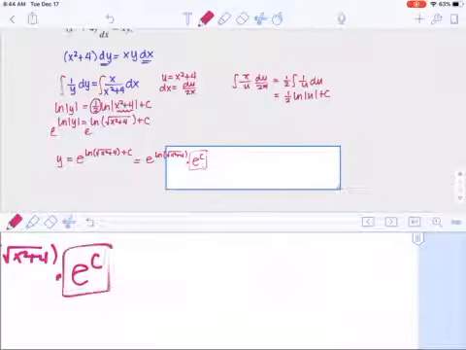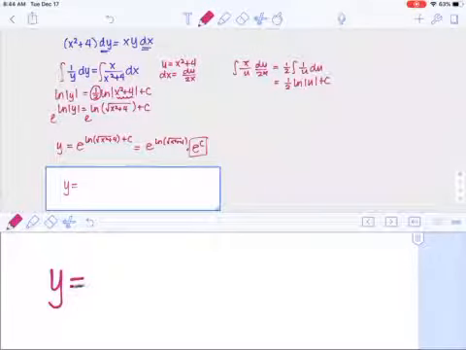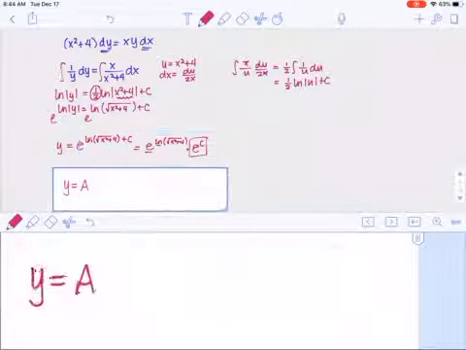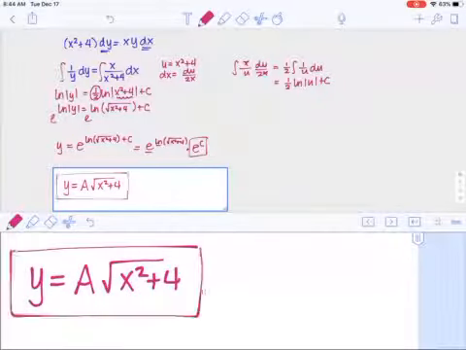And typically we are going to call that a just to avoid confusion. So my generic or general solution would be y equals a. And then once you have that, e and the natural log cancel each other out. So a times the square root of x squared plus 4. This would be my general solution.